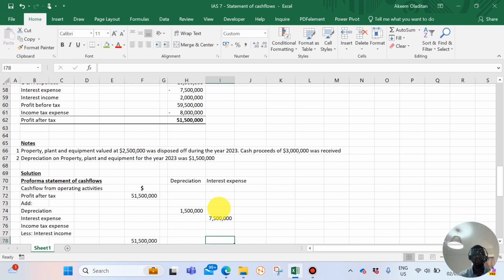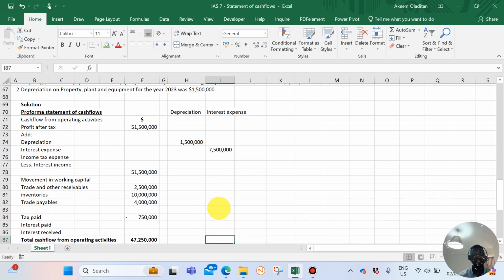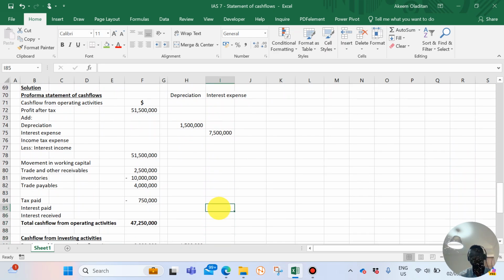So where am I adjusting it? I'm assuming that that interest expense is what was paid. So I'll adjust it here.